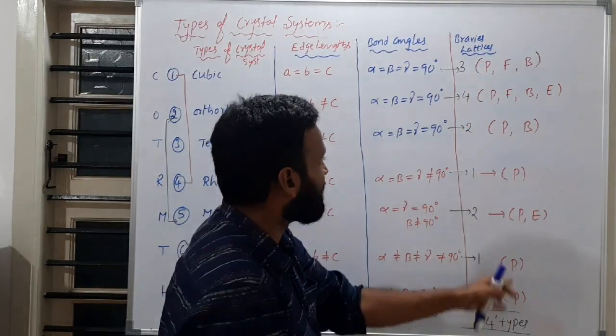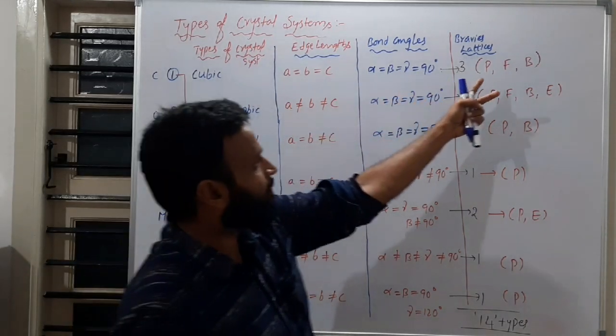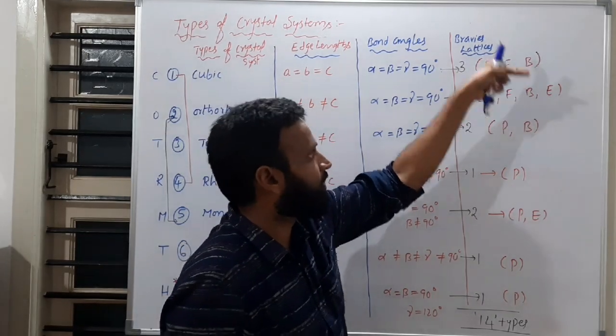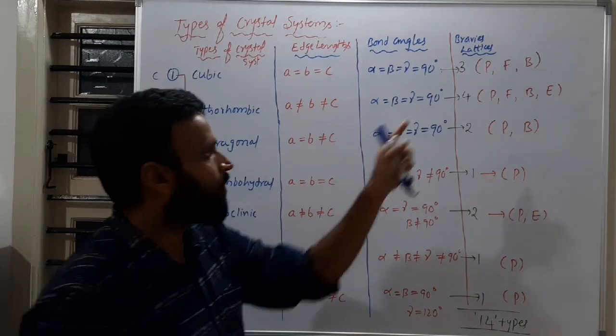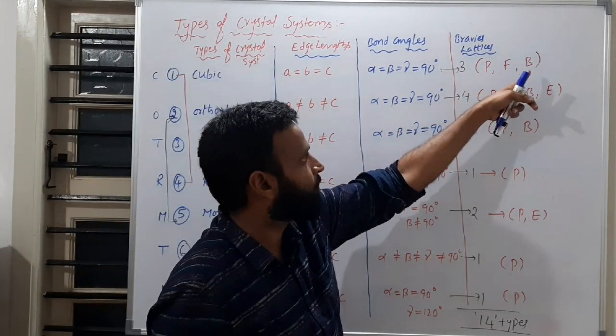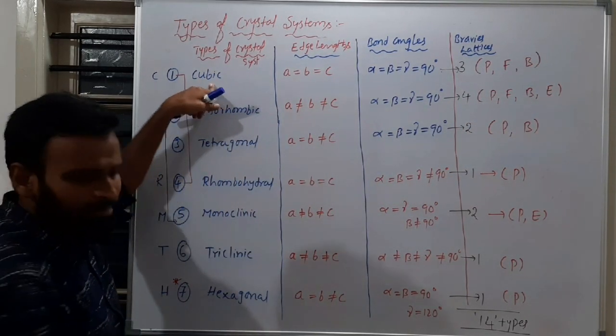But how did these 14 come? From these. With the same edge lengths and bond angles, you have a primitive, you have face center, you have body center. Those 3 types are called cubic. If you want to see how to represent cubic primitive, face center cubic and body center cubic, I can show you here. It's very simple.